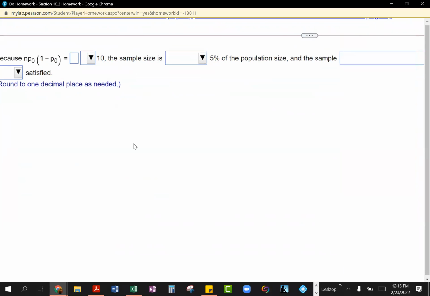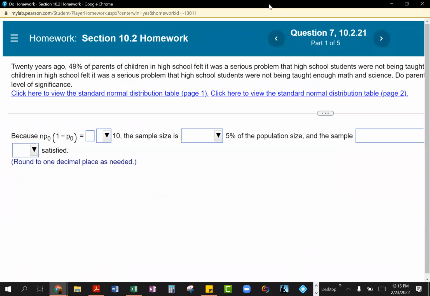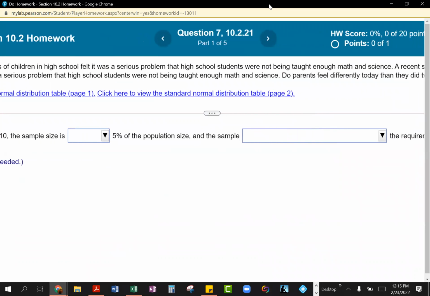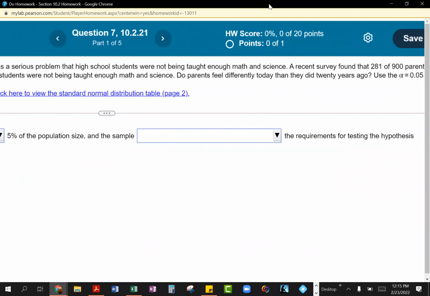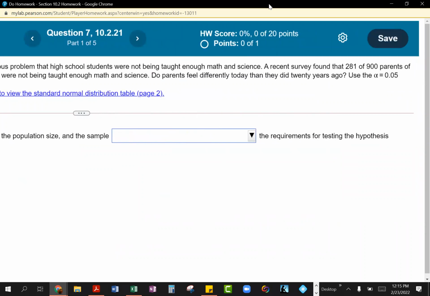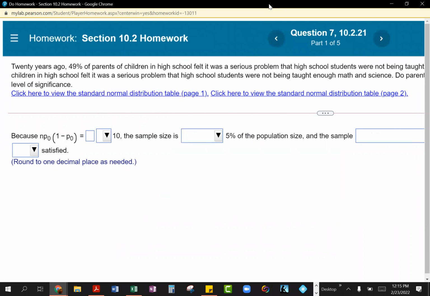So this one is talking about 20 years ago, 49% of parents of children in high school felt that it was a serious problem that high school students were not being taught enough math and science. So this was 20 years ago, okay? And 49% felt that students were not being taught enough math and science.